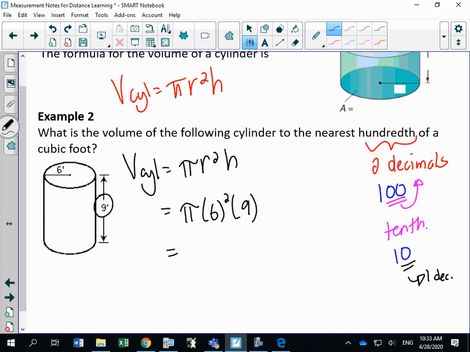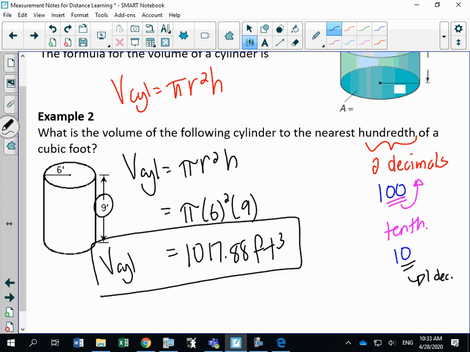If you were to plug that into your calculator, the volume of this cylinder is 1,017.88 feet cubed. So to the nearest hundredth, which is 2 decimals, this is the answer that I get. At the end, you always want to tell me what shape it was or what the object was. So volume of a cylinder is equal to, and then your final answer. Okay?